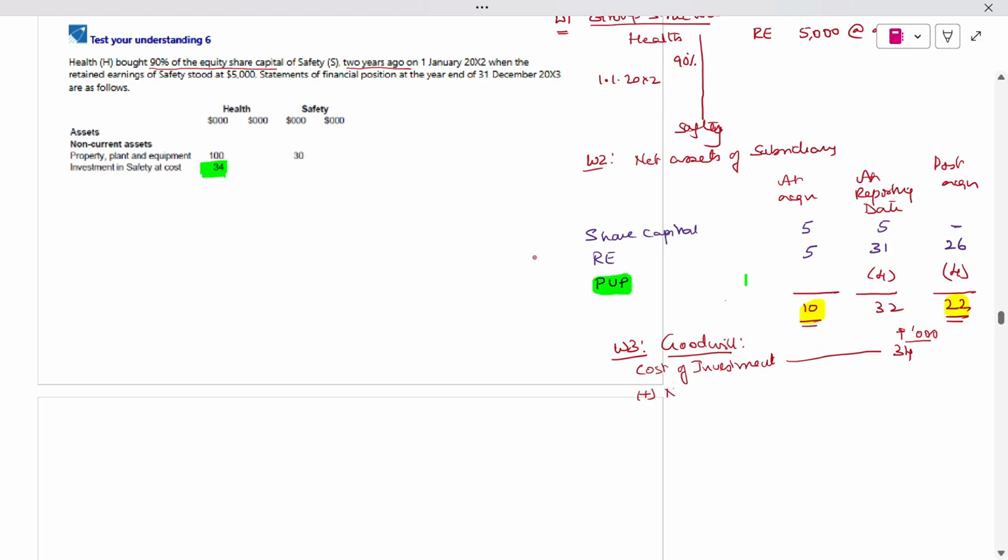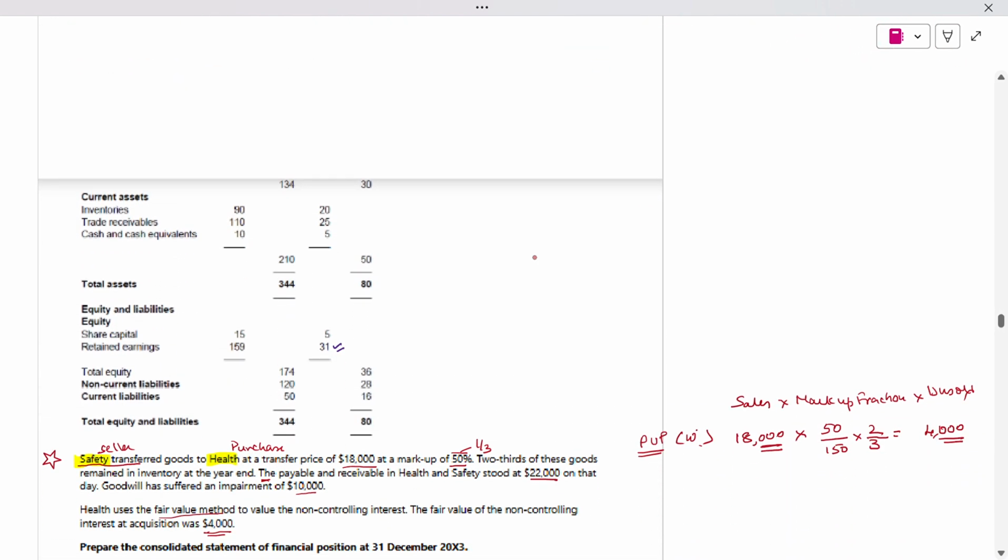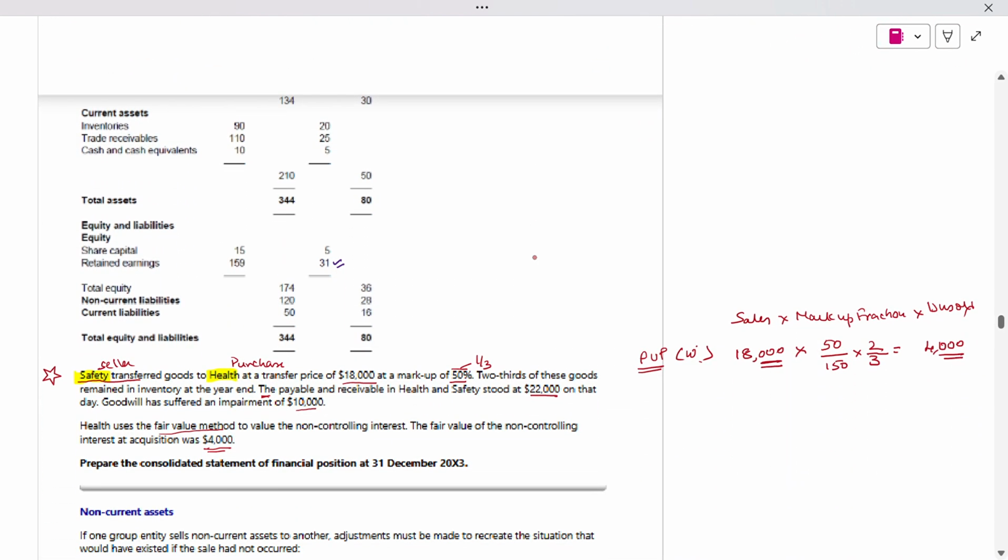NCI at acquisition. How much is the NCI at acquisition? How much have they given you?